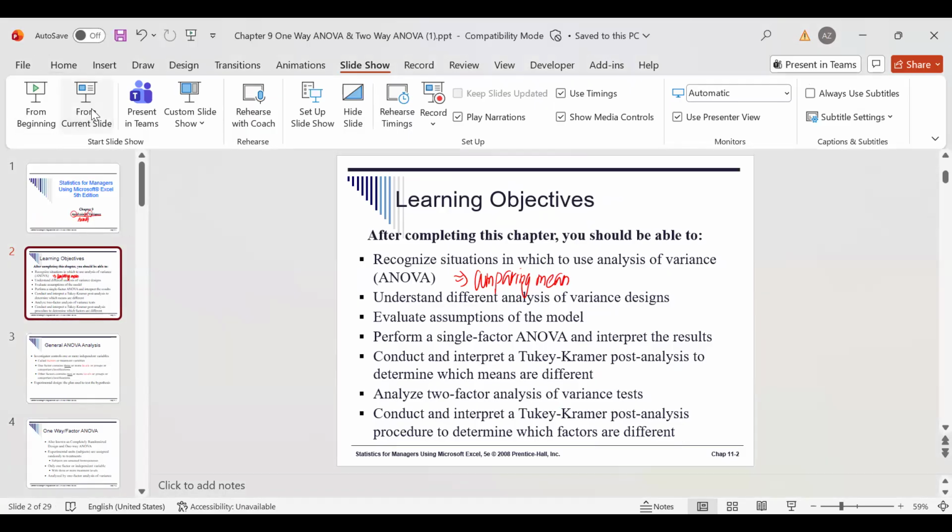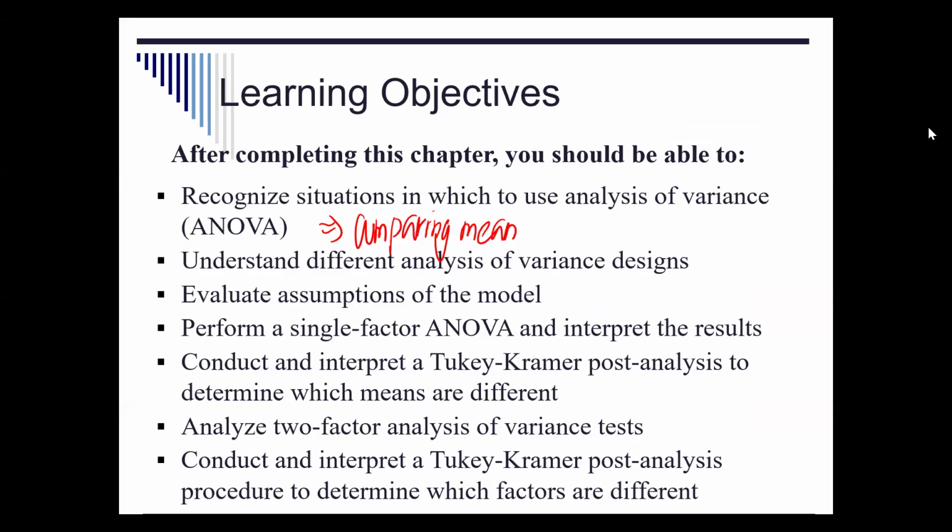Okay, so we compare means with identical natures. That's what we're doing in a one-way ANOVA. Then we will understand different analysis of variance designs, so you can actually design this in your own study. We're also going to evaluate the assumptions of the ANOVA model, and then perform this single-factor ANOVA, also called one-way ANOVA.